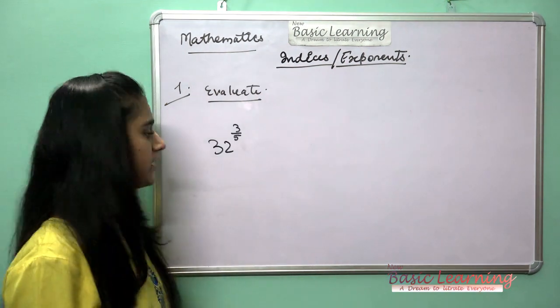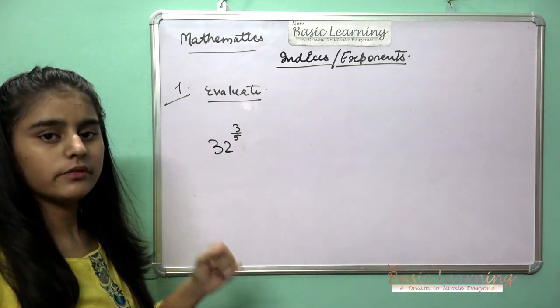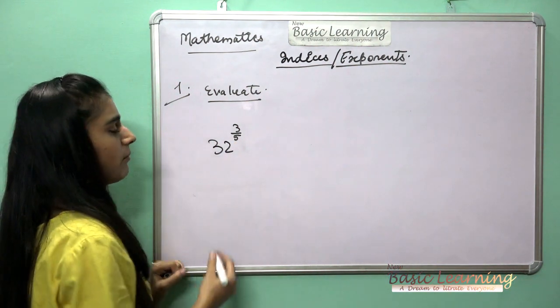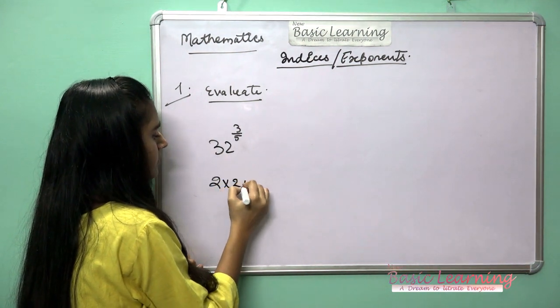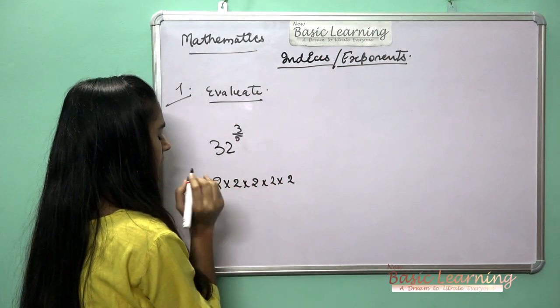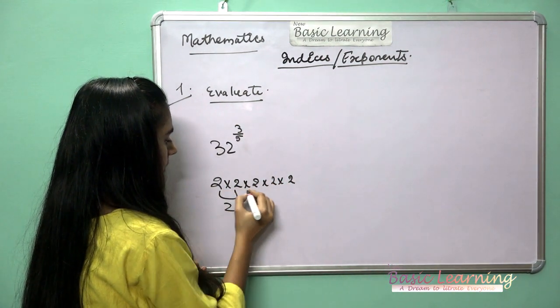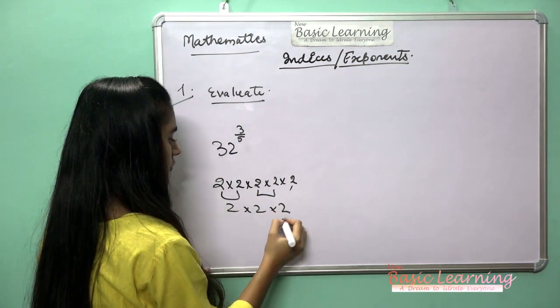Now the next question is 32 to the power 3 upon 5. 32 is the power 3 upon 5. So when we write 2 5 times, okay, 1 2 3 4 5, take out common 2 into 2.